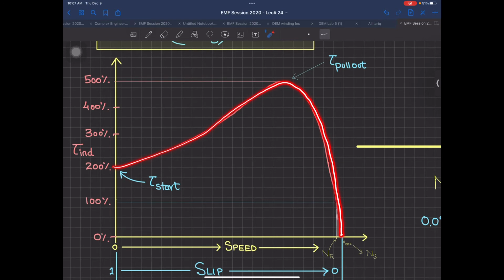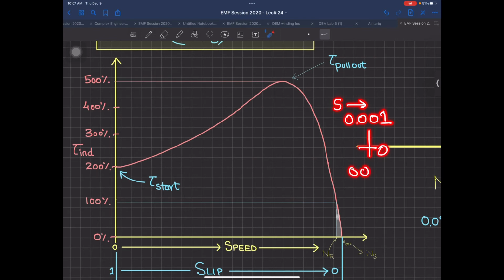And one thing very important, as I have told you, your workable slip, meaning the slip at which your machine is working, will start from something like 0.001 and go to 0.08 or so, 8%. From 0% to 8%.